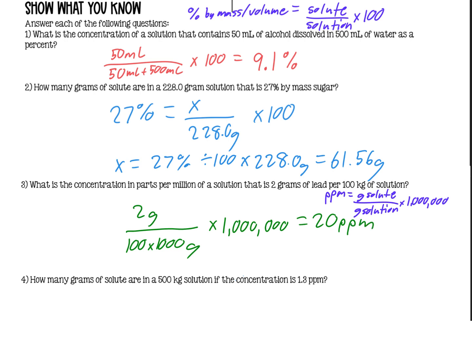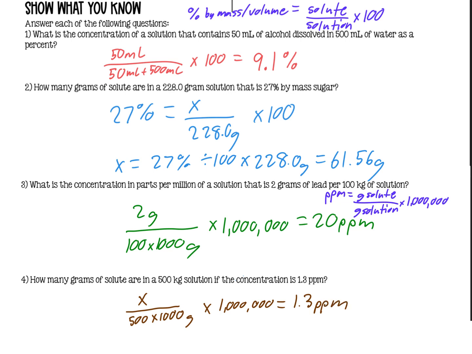Next is number 4. How many grams of solute are in 500 kilogram solution if the concentration is 1.3 parts per million? So once again, we're going to find grams of solute over grams of solution, which in this case is 500 kilograms times 1,000 grams per kilogram. And then we're going to multiply this by 1 million, and that will give us a resulting concentration of 1.3 ppm.